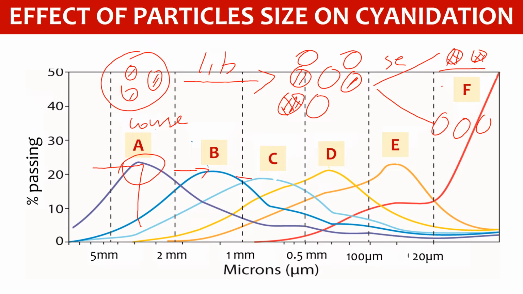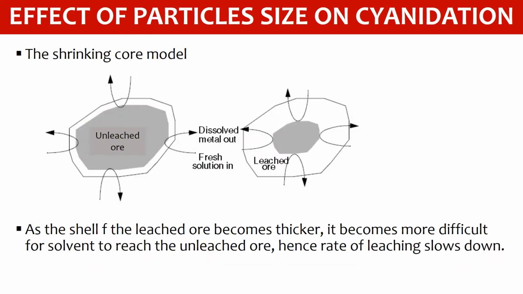However, when you begin to further reduce the size, you realize that your rate of dissolution or your rate of cyanidation is found to go higher and higher as you decrease the particle size of your concentrate or of your mineral of choice. Okay, so it is very important to note that particle size affects the rate of cyanidation.